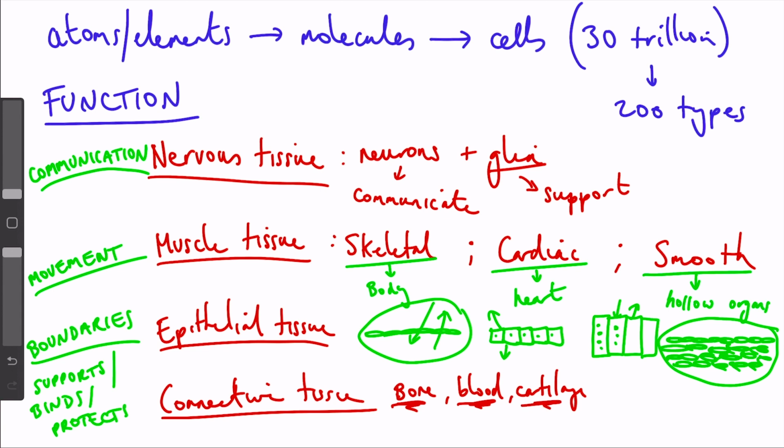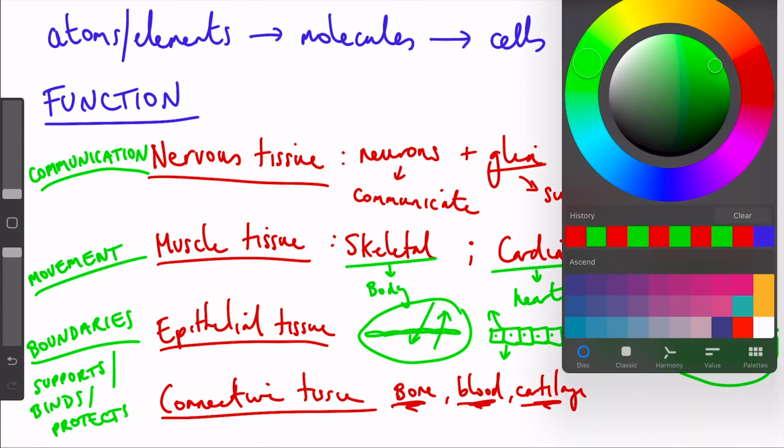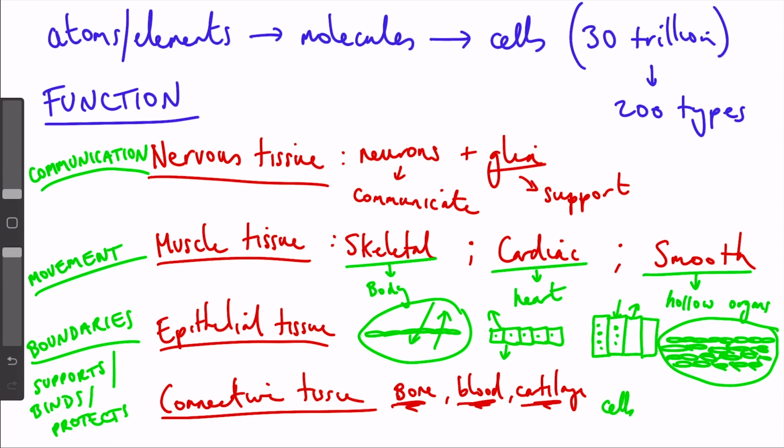But the one thing that they all share is that they're all made up of cells, gels, and fibers. And it's just the cell types that are different, the gels that are different, and the fibers that are different, and their quantities that make it a different type of connective tissue. And again, we'll go into detail there. So here are the 4 different types of tissue.